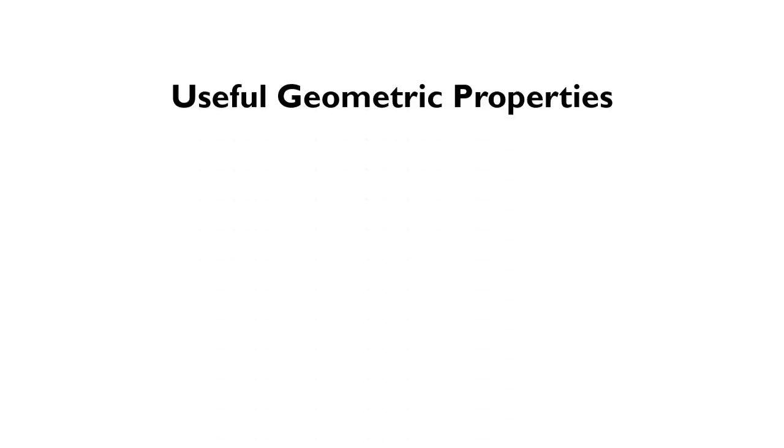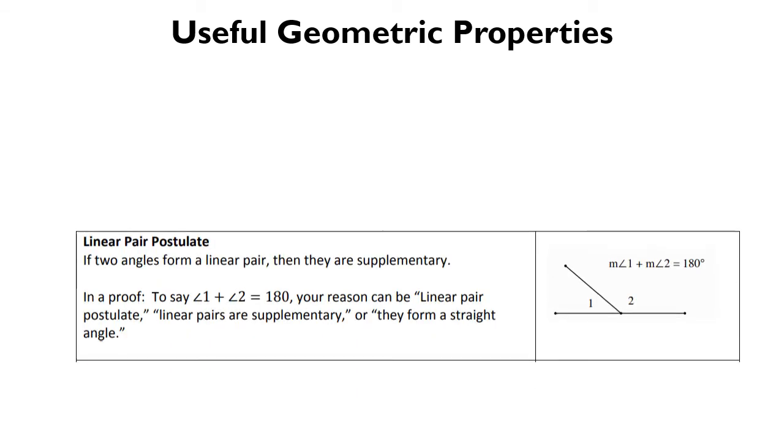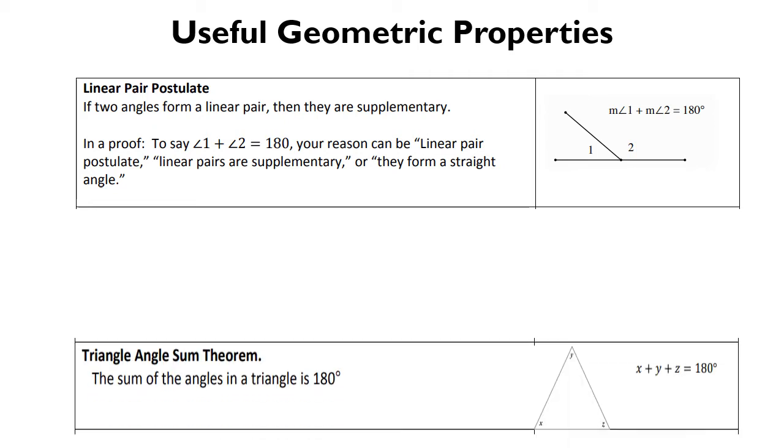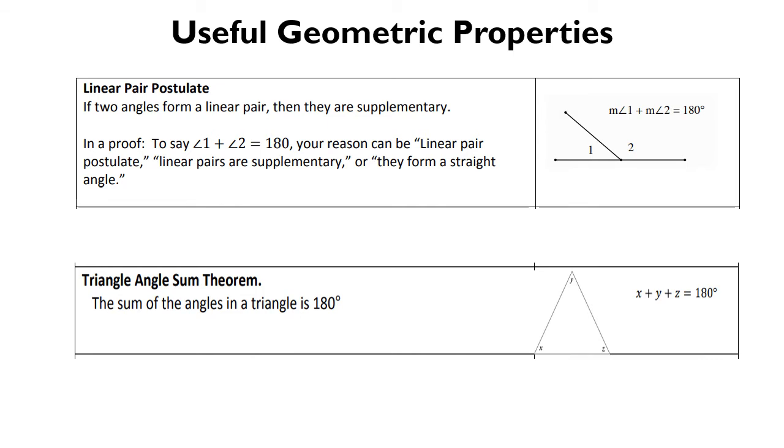Okay, now here, let's try to discuss the useful geometric properties. Na-discuss ko naman to before sa online session natin, i-focus ko na lang kayo dito sa mas mahahalagang gagamitin natin in our proving triangle congruence.